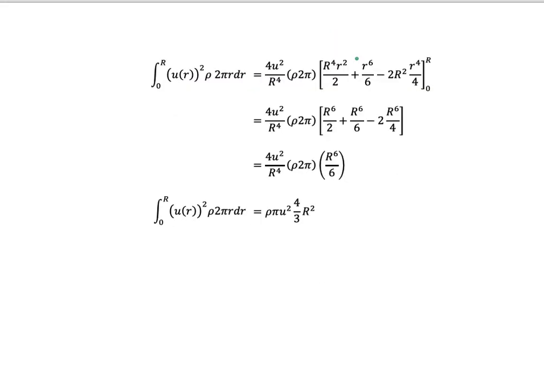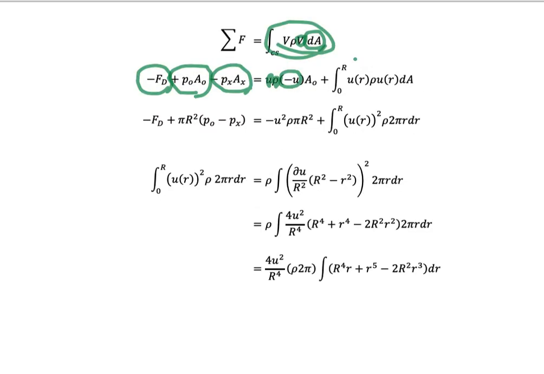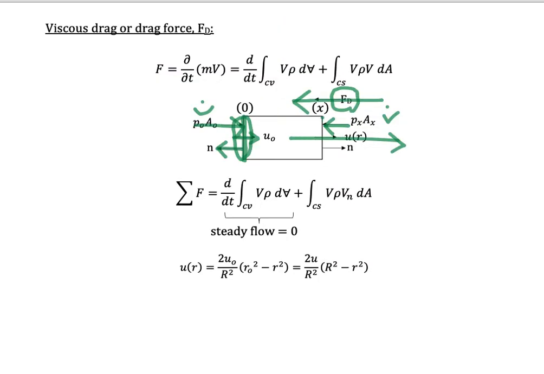And then we have the integration of this one. For this one here, we cannot just use the value of ur straightforwardly, because at the inlet the velocity is almost constant as there is no resistance.